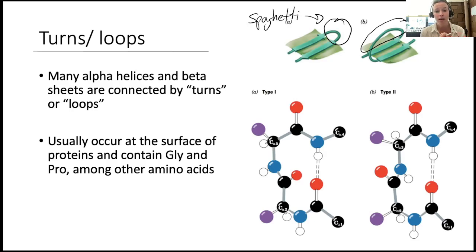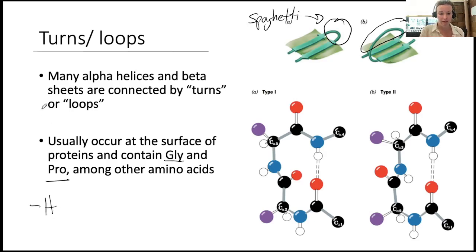And they very often contain the amino acids glycine and proline, and they contain more amino acids, of course, but they do usually contain a glycine or a proline. And let's think real quickly about why this is. Why a glycine or why a proline? So glycine, the R group, is just a hydrogen.